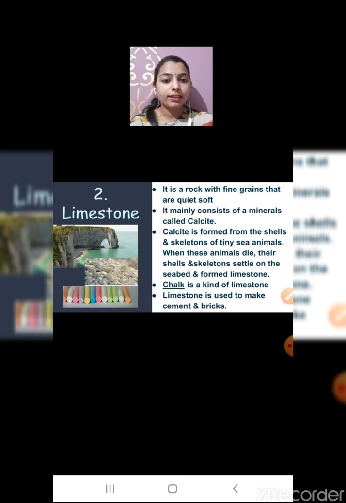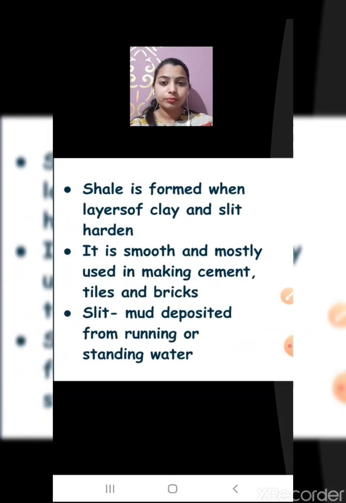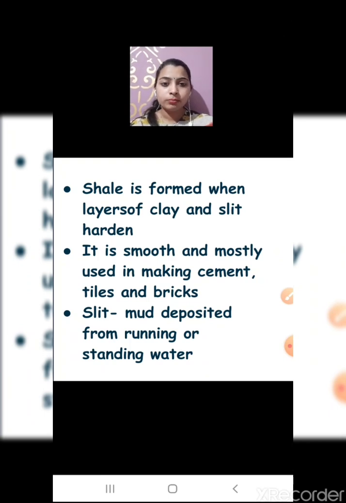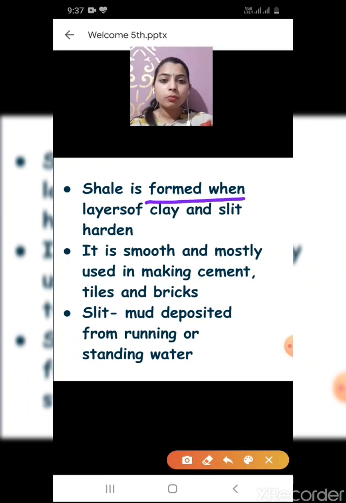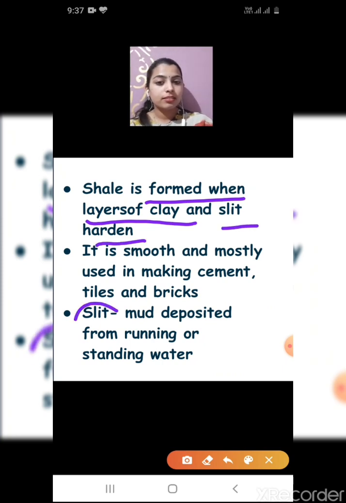Now it's the turn of the next: shale. It is formed when layers of clay and silt harden. What is silt? Silt is a mud deposited from running or standing water.